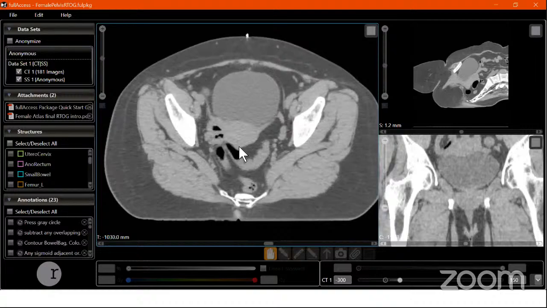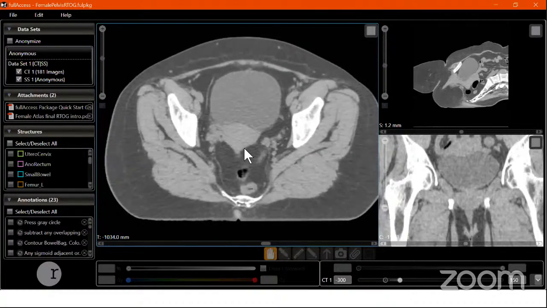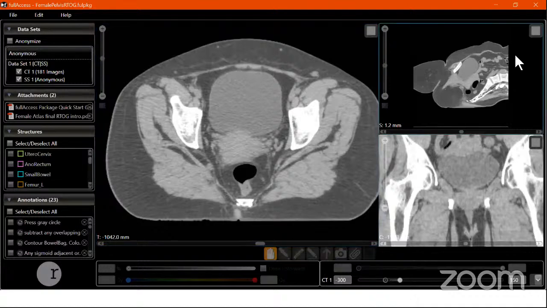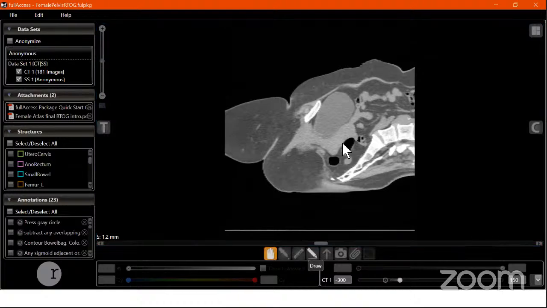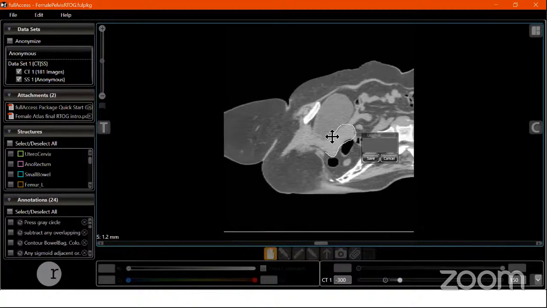So let's go on to the place where we get the body and the junction of the cervix. This is apparently the junction of the uterine body as well as the cervix, in this sagittal image. So this is the body. Let me try to do a contour just to have an idea. This is going to be the body, and this part is going to be the cervix.